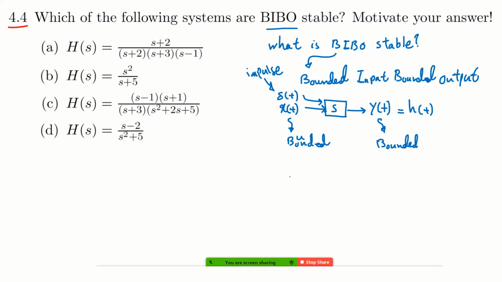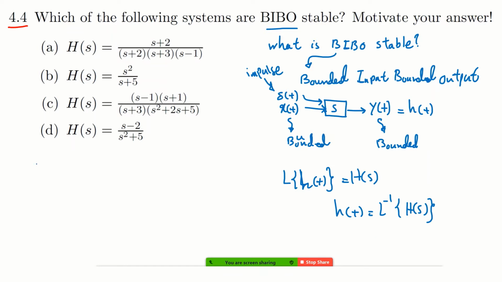When the Laplace transform or transfer function of h of t, which is H of s, is given, we can simply find h of t by the inverse Laplace transform of H of s. This is the main solution.